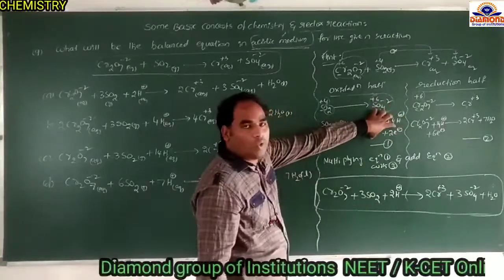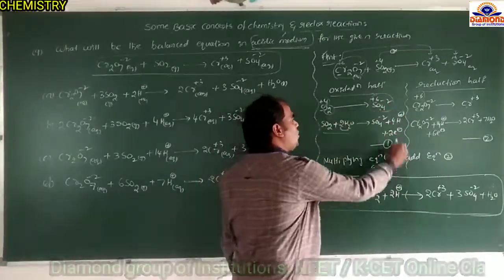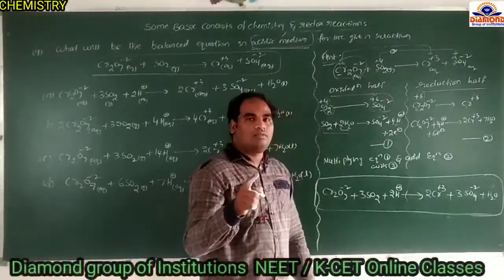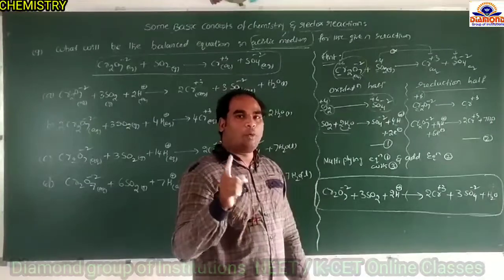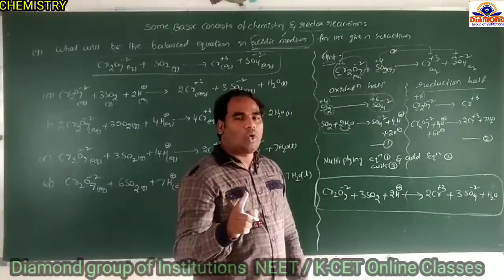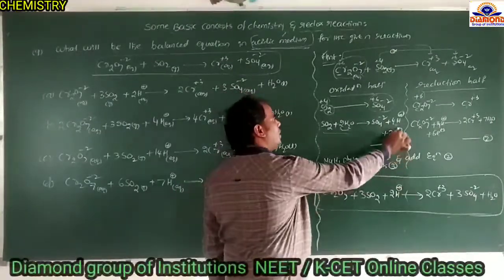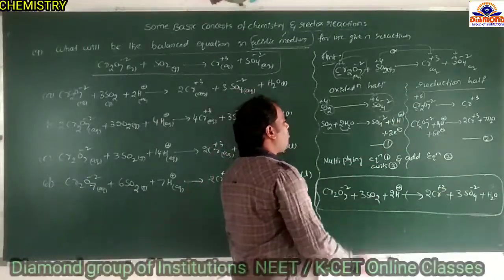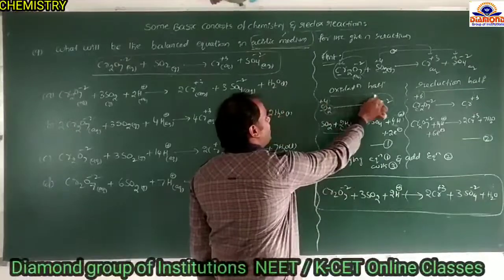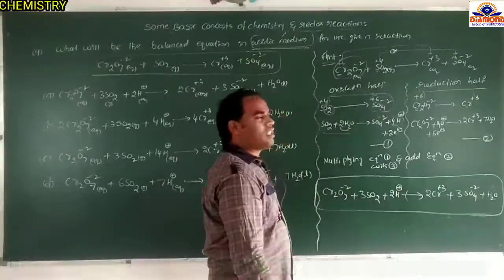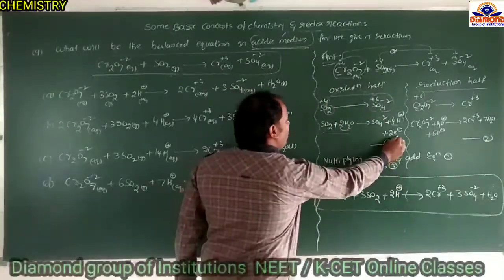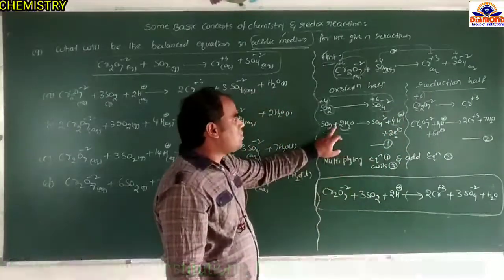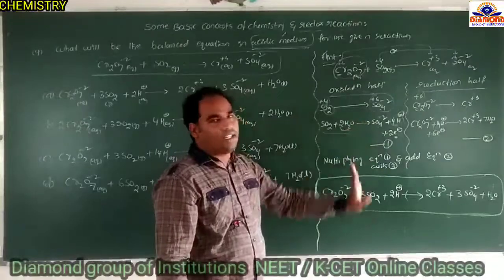Therefore, 4 hydrogen atoms are left, so we have to add H plus ions. To balance oxygen, we add water molecules; to balance hydrogen, we add H plus ions. Therefore, here 4H plus ions. Next, the difference is plus 4 to plus 6, which means 2 electrons differ. So, we have to add 2 electrons on this side. Oxygens are balanced, with hydrogens and electrons.